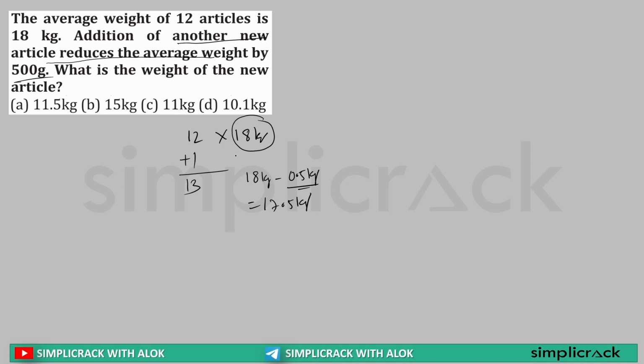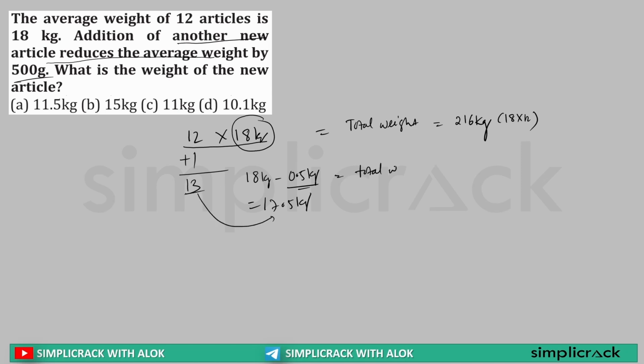Yes or no? Now understand this. Total weight of 12 articles is what? Sir, 18 into 12, that is equal to 216 kg. Yes or no? Now 13 articles are there and their average is 17.5.